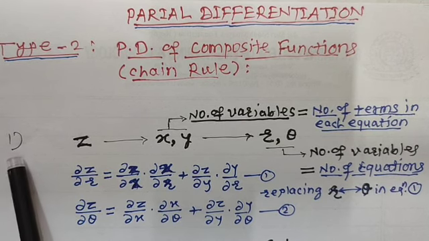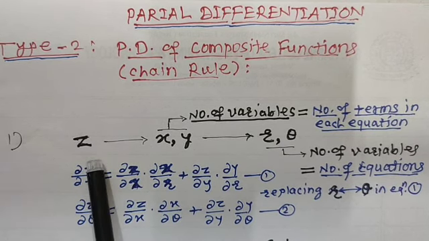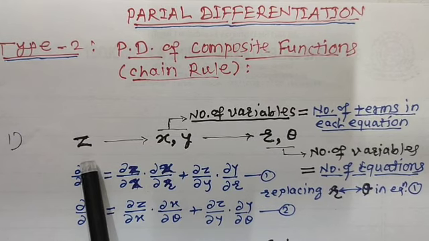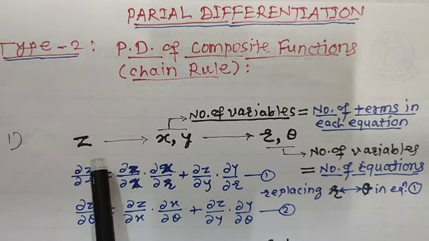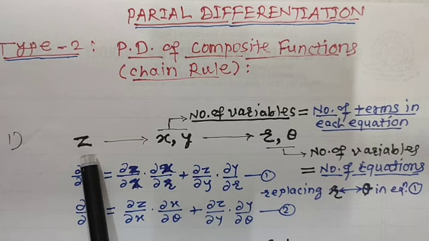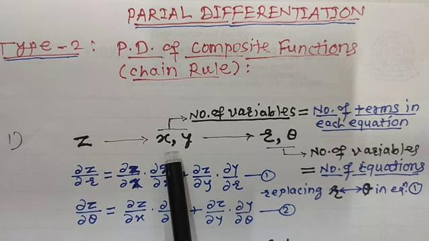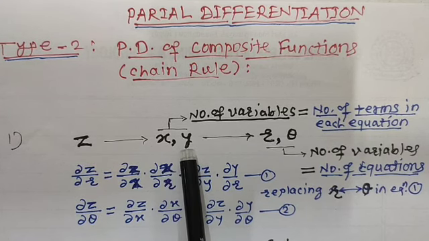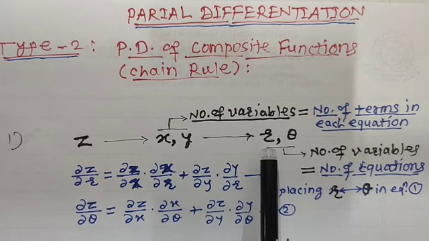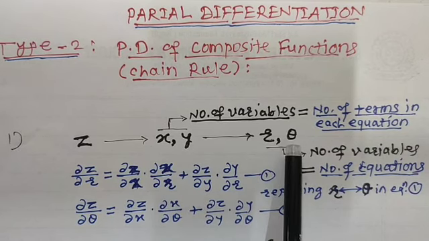Number 1, chain rule, or you can say this is the flow diagram of the given function. Here z is a function of two variables x and y, and x and y are functions of r and theta.